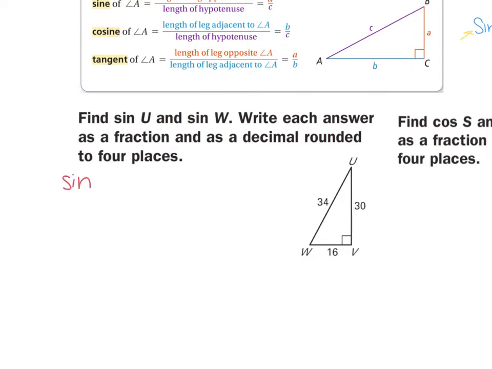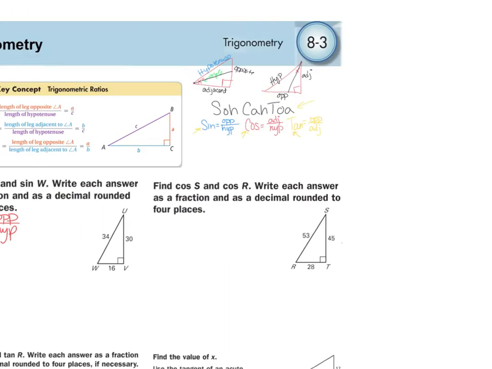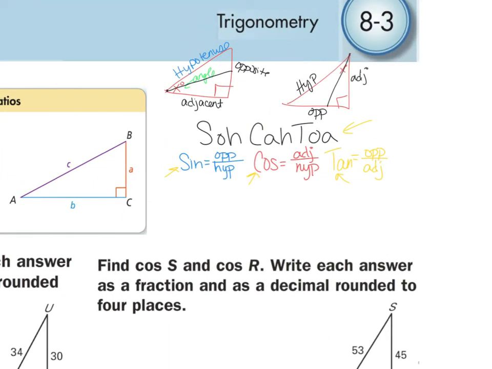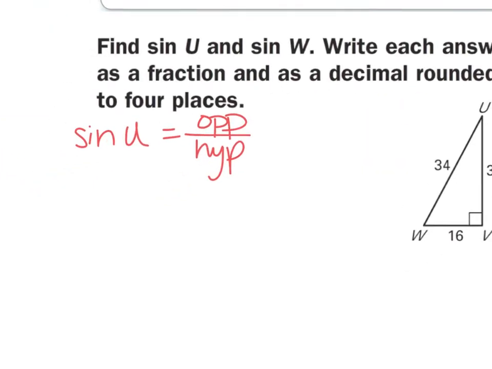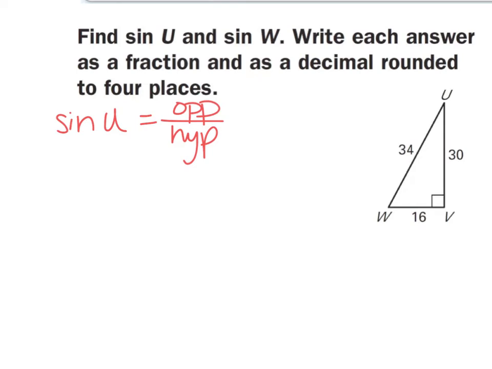So the sine of angle u, remember sine is going to be opposite over hypotenuse. And if you need to reference back to this, no shame in that at all. I would too if I were you. So now our angle u is right here. So we need the opposite side of u. So I'm going to take a line and draw it. So there is our opposite.